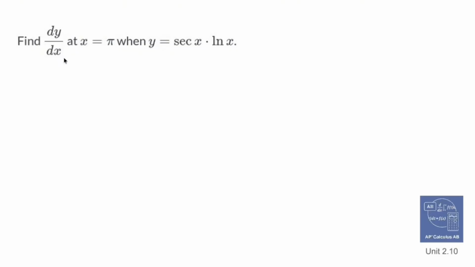Find dy dx at x equals pi when y equals secant x times ln of x. Ugh. All right, so this is not going to be pretty at all. In fact, I think this is actually not going to be so bad. We're going to need the product rule for that. Product rule, if you forget, is d dx of u times v is u prime v plus v prime u.